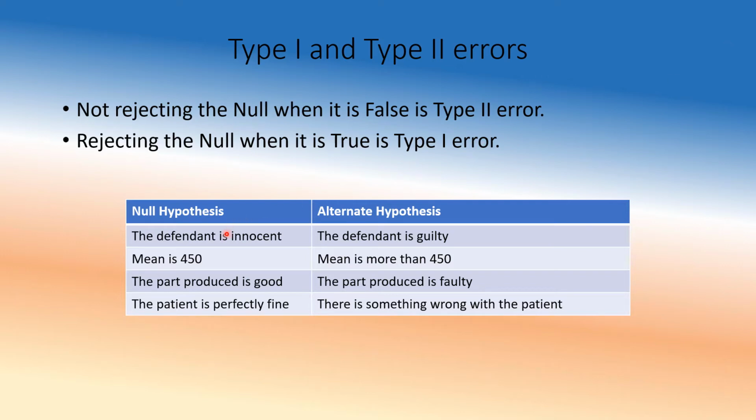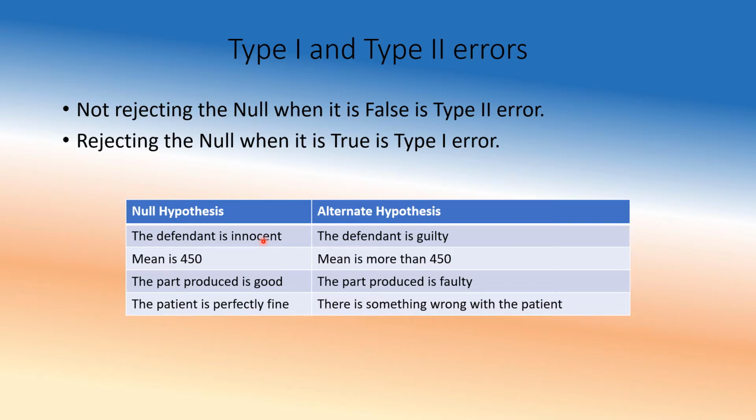In this situation, for instance, the null hypothesis is the defendant is innocent, alternate is guilty. If you reject a true null, which means you send this person to prison when actually he or she is innocent, that's type 1 error.